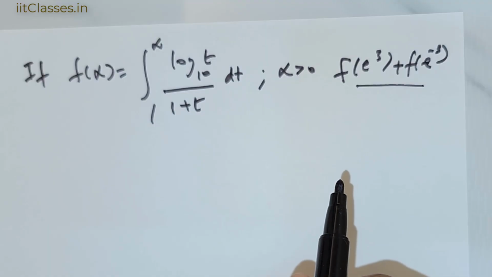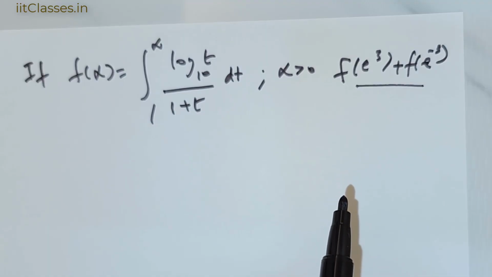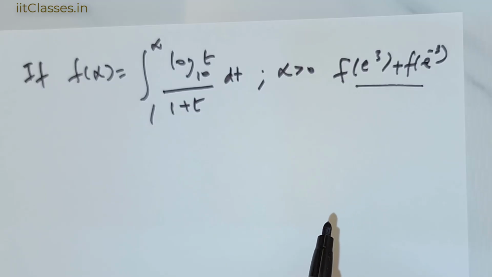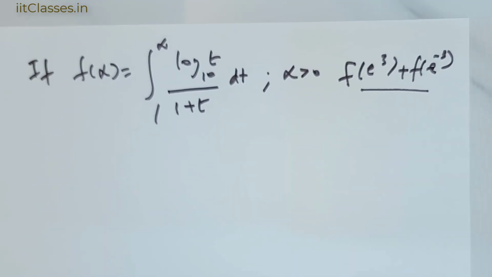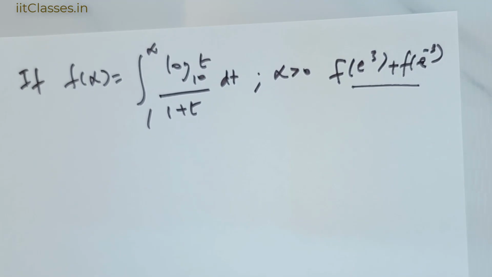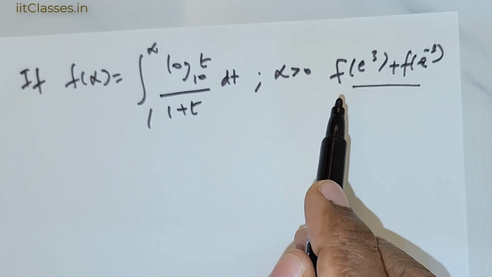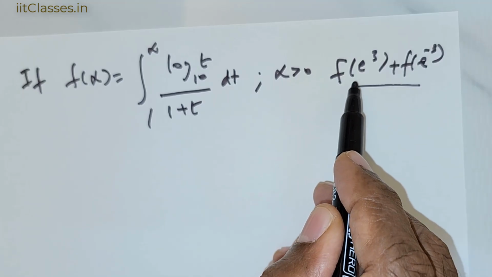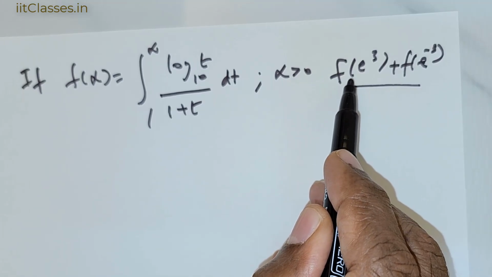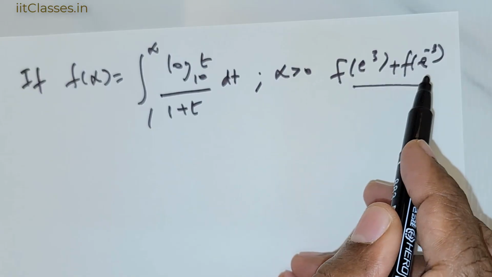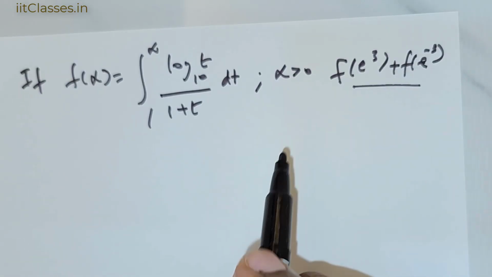Now we will have a small issue in this. So what is the small issue? The small issue is going to be with the limits. Now this is f of e raised to the power of 3, right? And this is f of e raised to the power of negative 3.